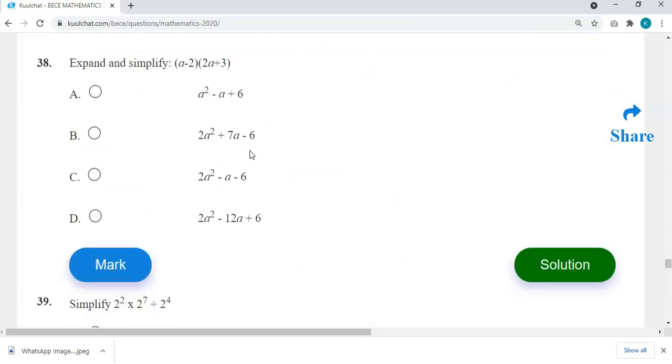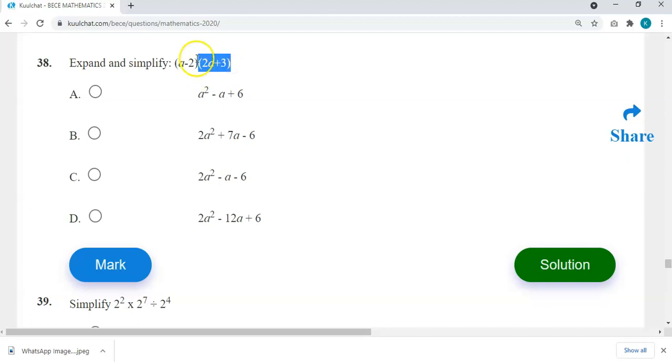Then we move on to question number 38. Question number 38 is expand and simplify. When you are expanding, you take the first term and use it to multiply the second bracket. So here you take a, use it to multiply the entire bracket, then you take negative 2 and use it to multiply the entire bracket.